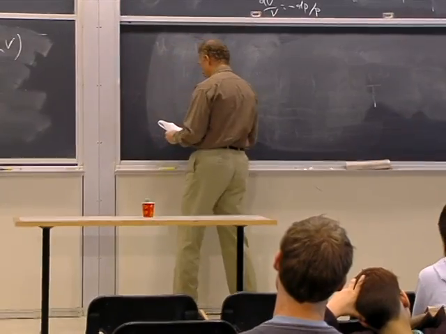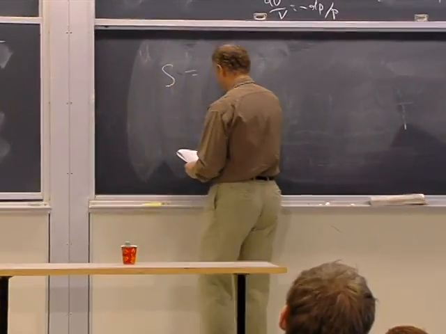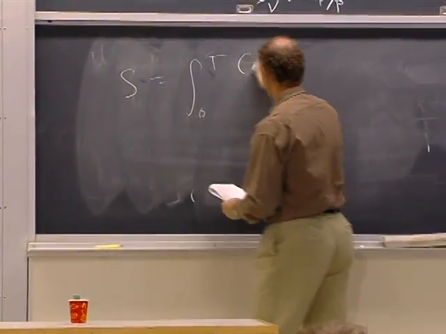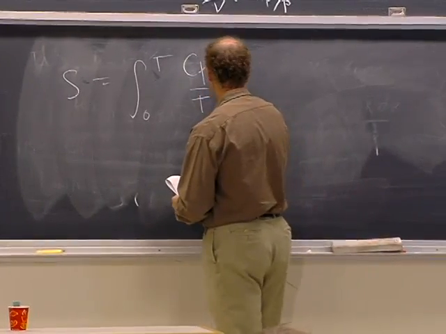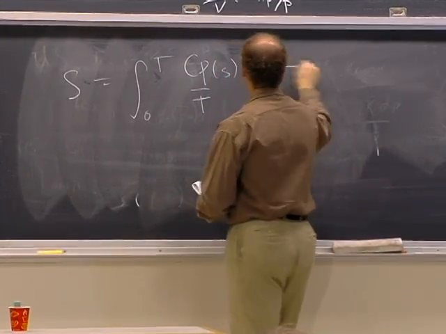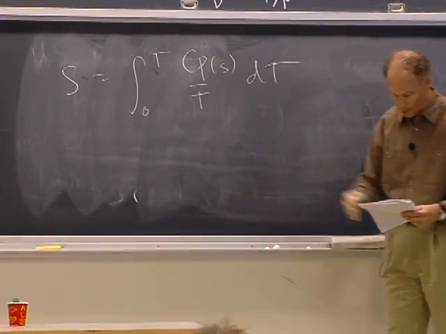So we already saw that the first step will go from 0 to some temperature of Cp over T for the solid dT, if we start at 0 Kelvin and warm up, right?